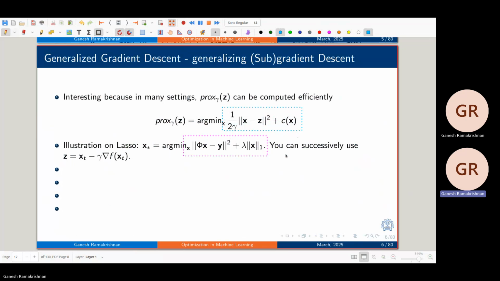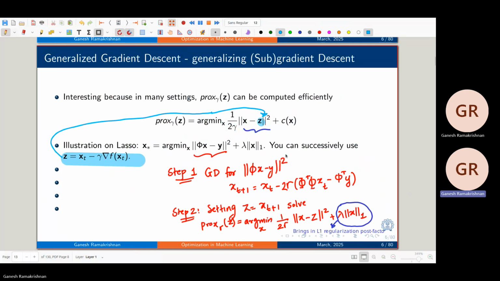If I get this z to be simply x_t minus gamma gradient f of x_t, then I should be able to solve easily. So this is the solution. What is step 1? I'll do gradient descent for the norm square of phi x minus y, which gives x_{t+1}.